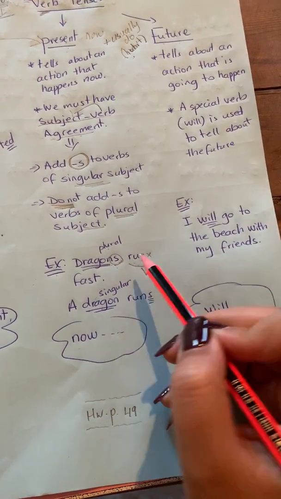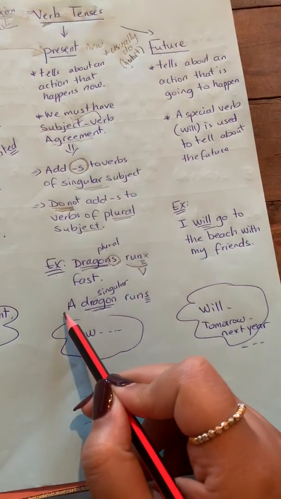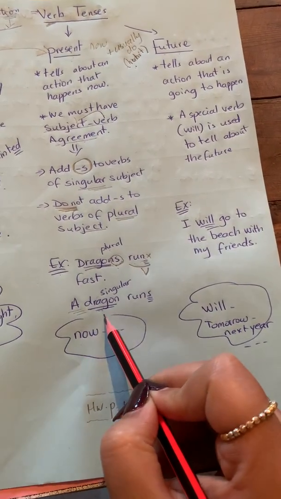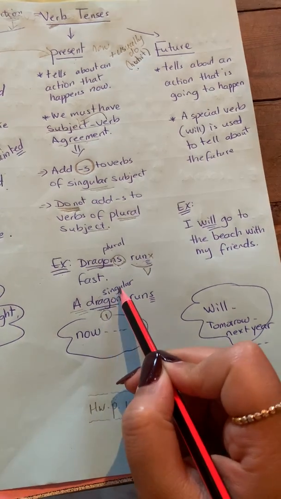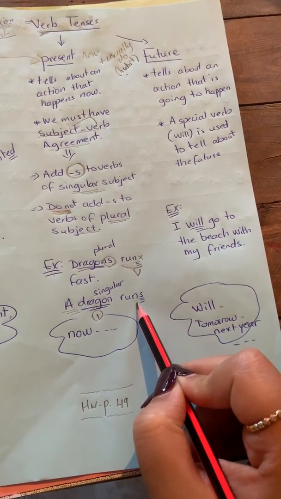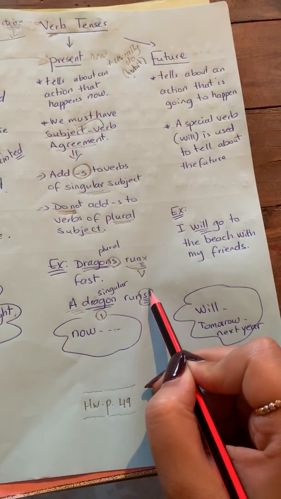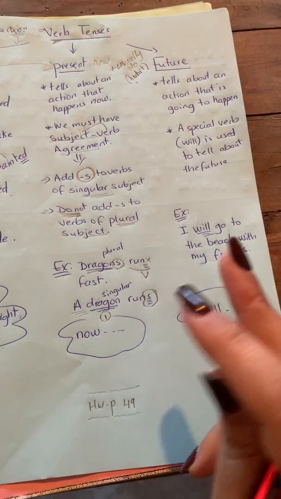What about the singular subject? A dragon means one dragon, a singular subject. Look at its verb. Its verb takes S. So it's like the opposite.